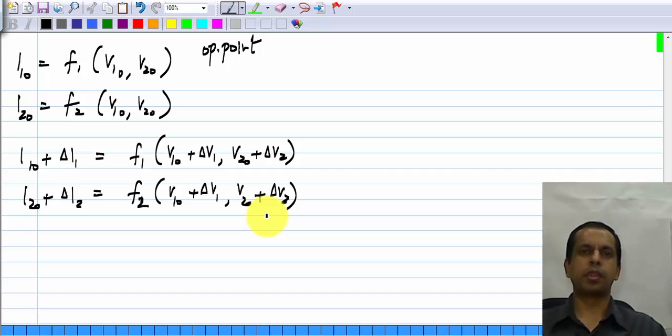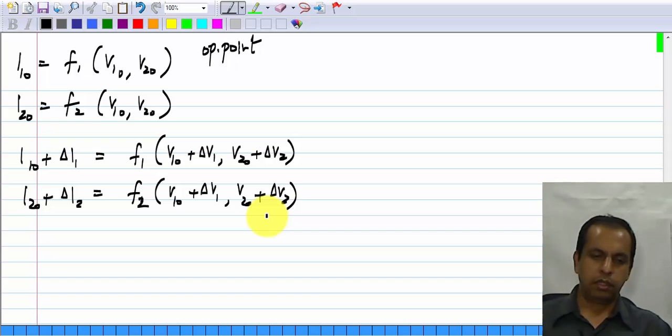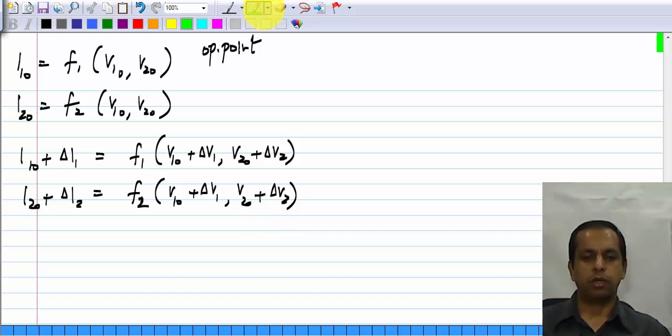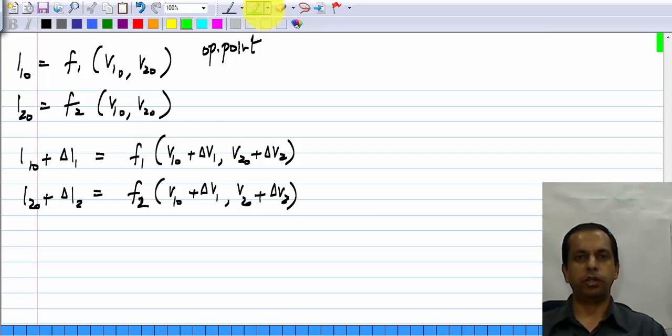Okay. Now, the modus operandi is very simple. So far we haven't said anything new, all we did was to express new voltages and currents as the original, the operating point voltages and currents plus some incremental quantities. That by itself is not a significant step.